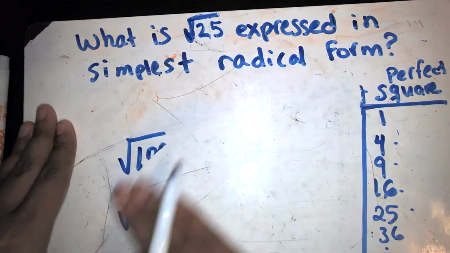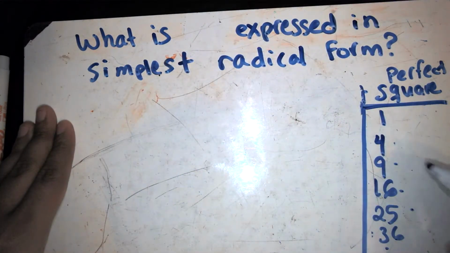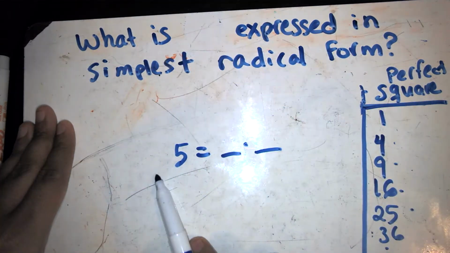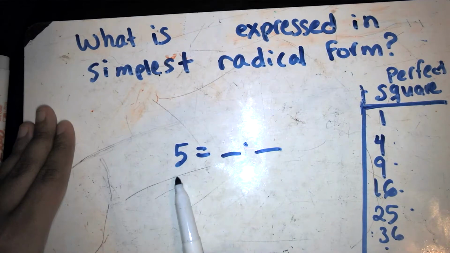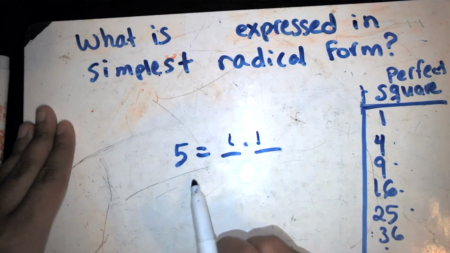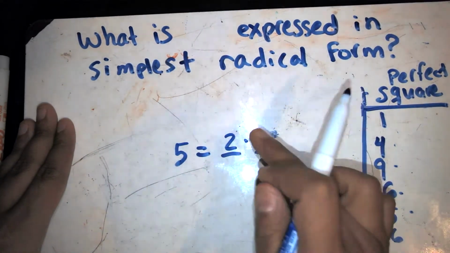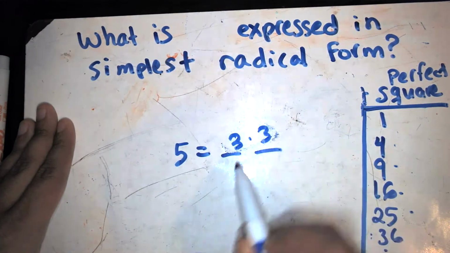But what happens if we get a number that is not a perfect square? So for example, 5. Notice my list here. 5 is not a perfect square because there are no two whole numbers that multiply to each other that give me 5. 1 times 1 does not give me 5. 2 times 2 gives me 4, and 3 times 3 gives me 9.